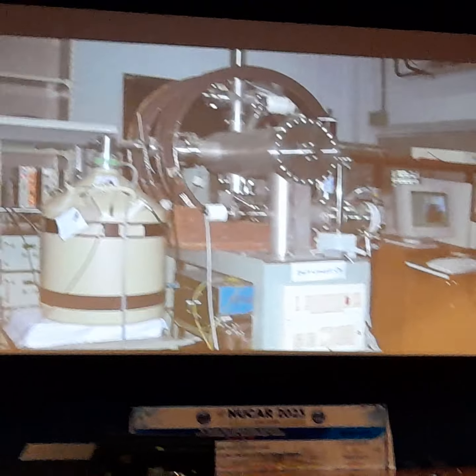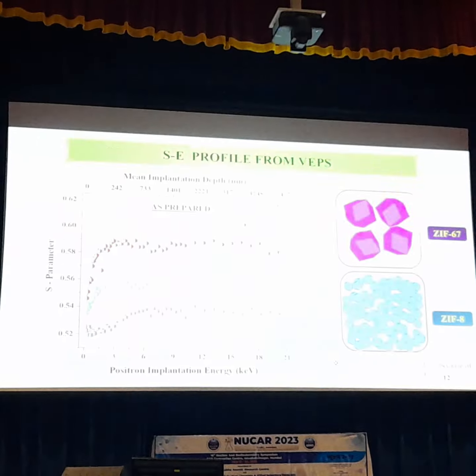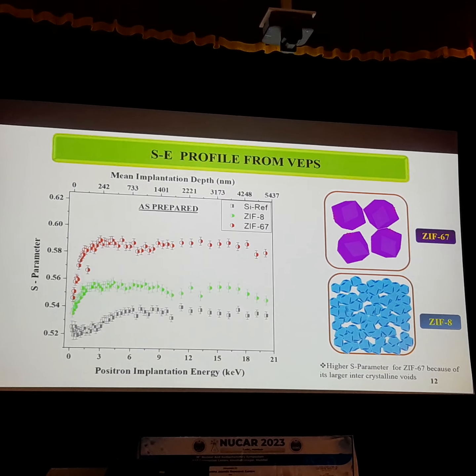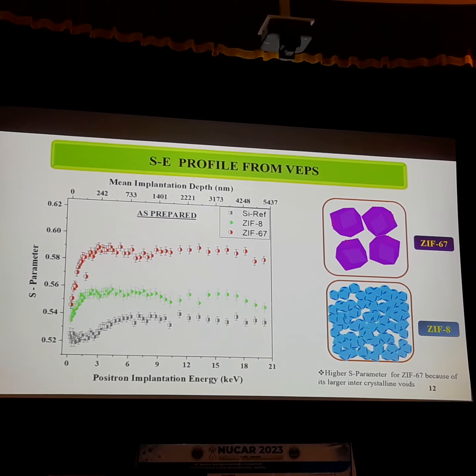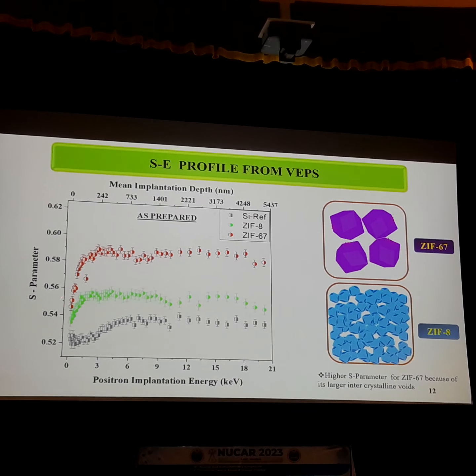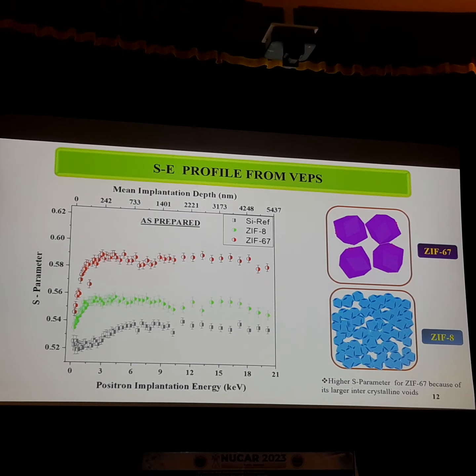This is the instrument which I am working on, and these are the S profiles which we obtained for the pure 68 and pure 67. And you can see there is an increase in the S parameter for both 68 and 67.